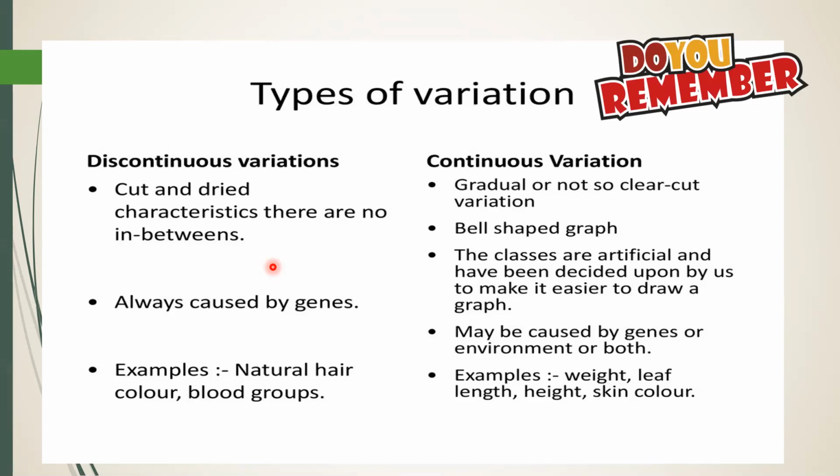And for example, weight, leaf length, height, or skin color belong to continuous variations. So continuous variations are those that were adopted by a person himself or themselves, but discontinuous variations are those that come from the parents. These are so-called genetical variations.